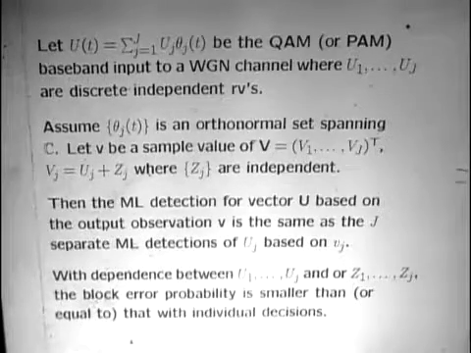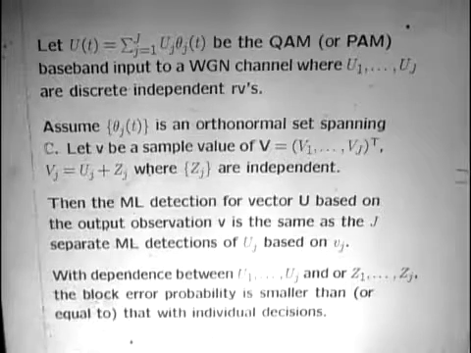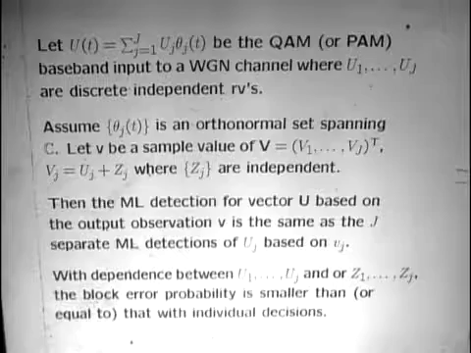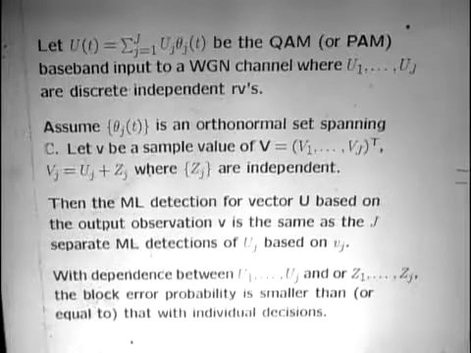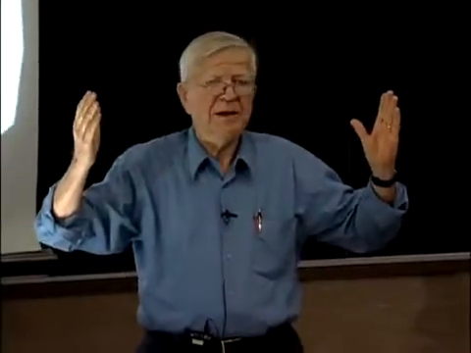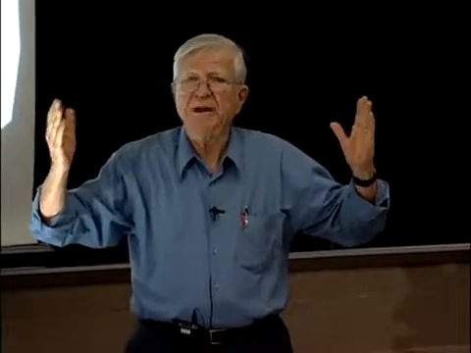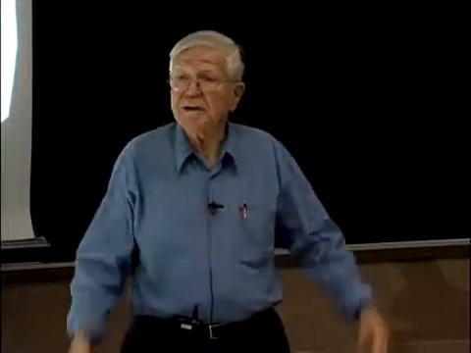And we're going to look at two different alternatives. One of these alternatives is sending all j signals and building a receiver which looks at all j of them together and makes a joint decision on everything. It makes a maximum likelihood decision on this sequence of j possible inputs. This is one of the things we've looked at.